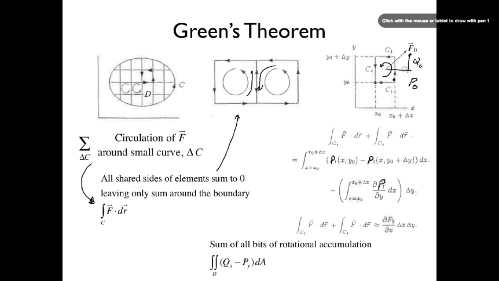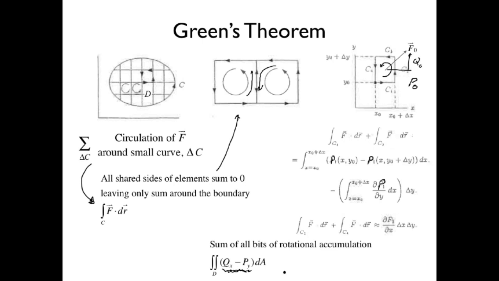So summing all those four together, we get the rate of change of the vector field with respect to that little area element A. We're going to sum all those little circulation integrals at that rate of change.